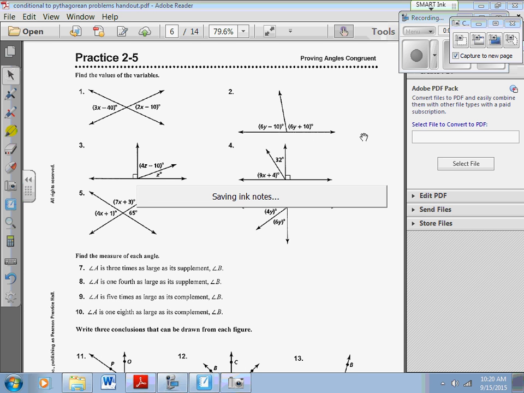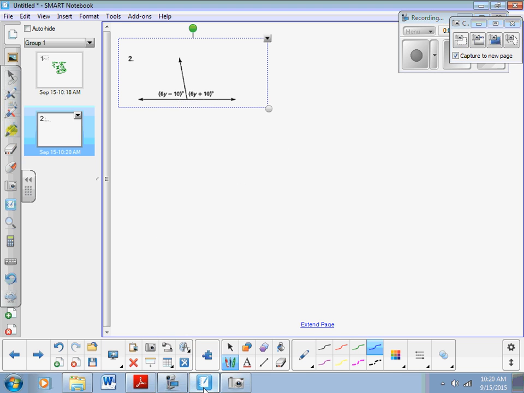Is you can see that there's a straight line right there. Straight lines are always 180. Okay. So when you're looking at what you're going to try to set up, draw pictures or something to help you try to get the clue. Let's say this is angle A and this is angle B. That should be A plus B equals 180, shouldn't it?